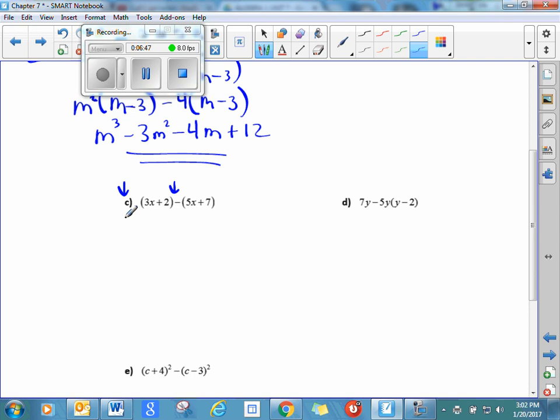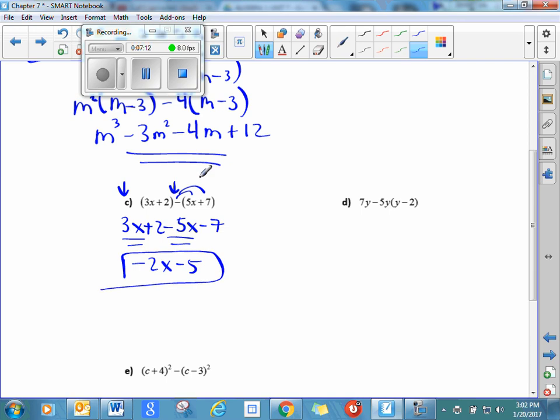So you need to do the distribution of the ghostly 1 to get this guy out of the grouping symbol. And now you just need to collect your like terms. You've got positive 3x here and negative 5x there. That leaves you with negative 2x, and a plus 2 and a minus 7 is a minus 5. And that's your answer. There was no multiplication except the distribution of the negative 1.